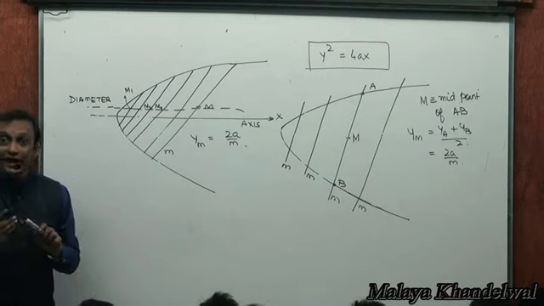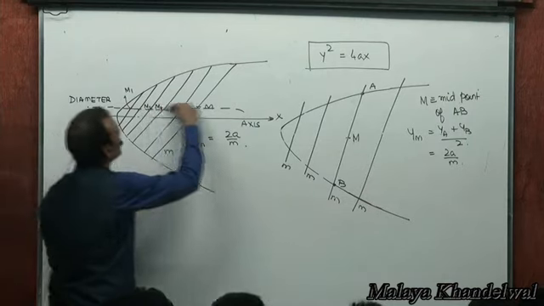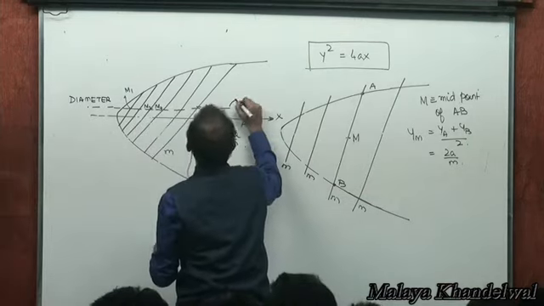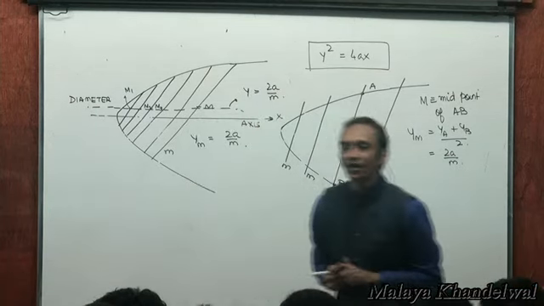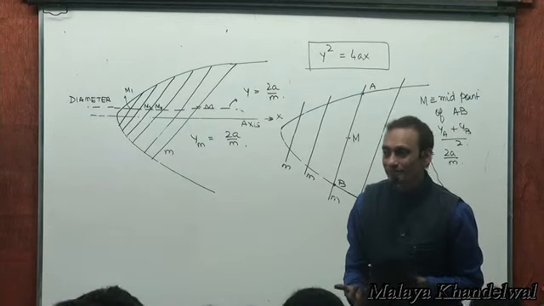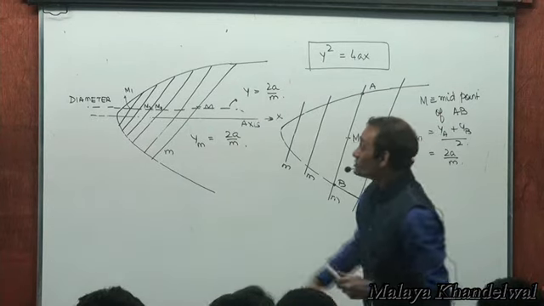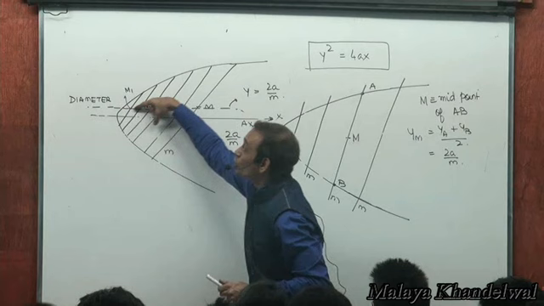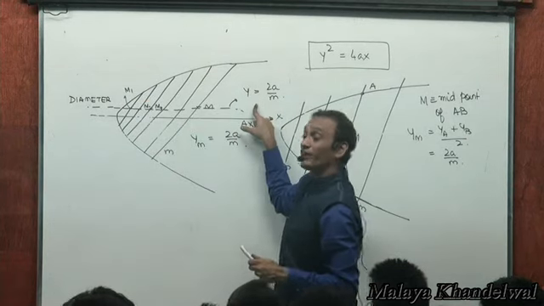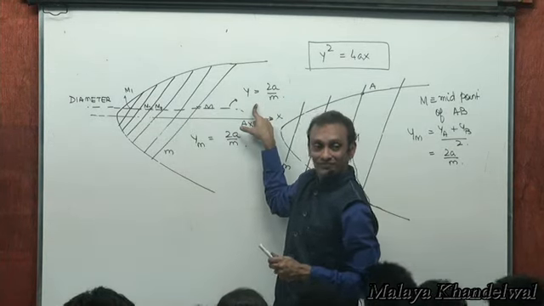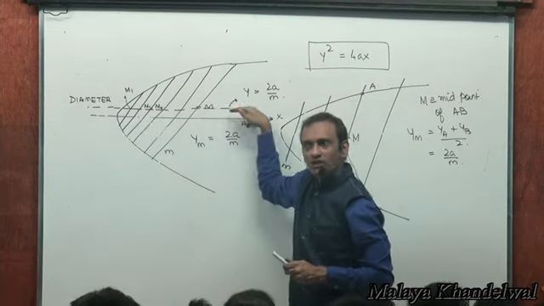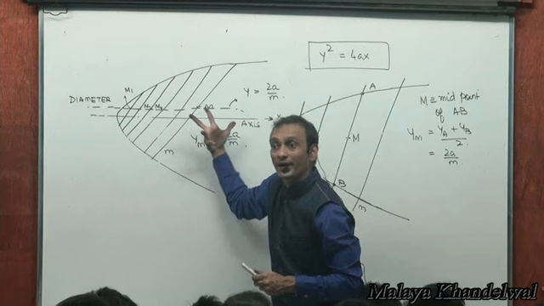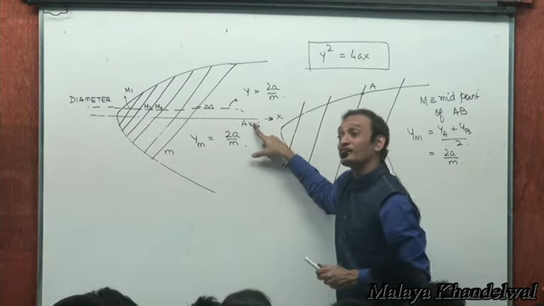Yes or no? All the midpoints will lie on y equal to 2a by m. That means the equation of the line joining the midpoints of all these parallel chords would be y equal to 2a by m, which is parallel to the axis of the parabola.